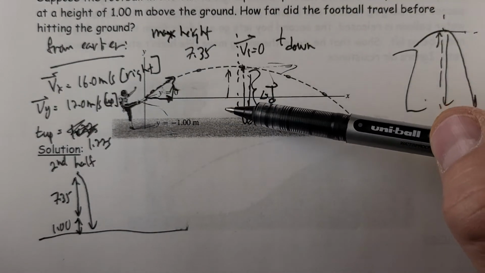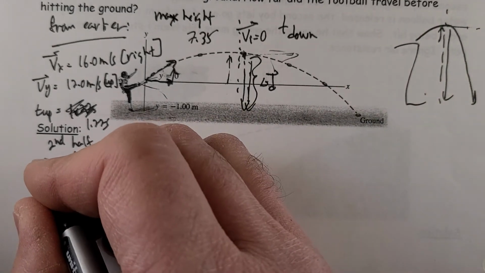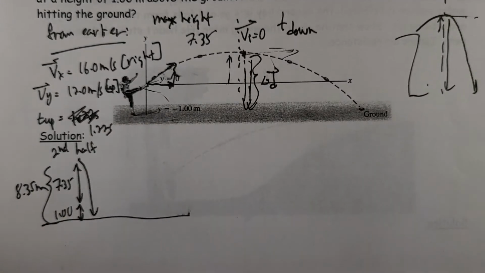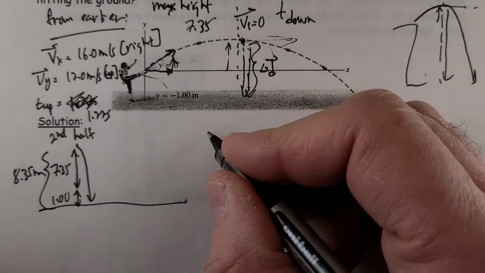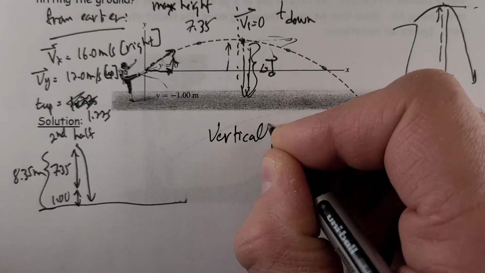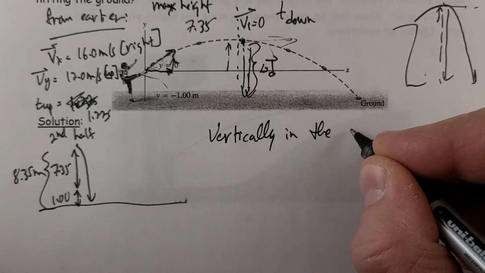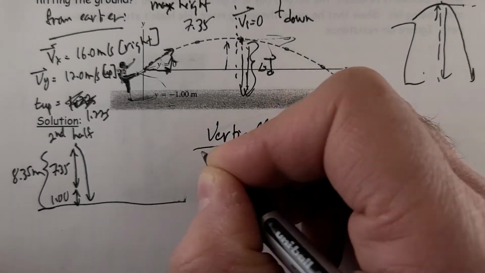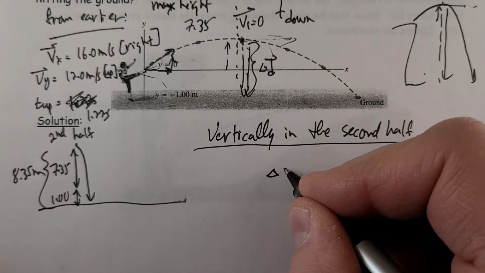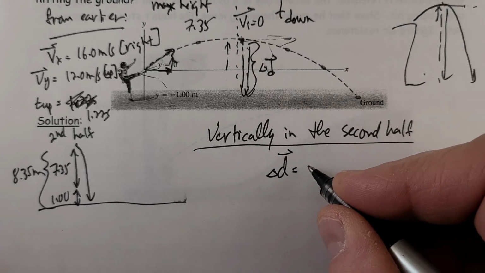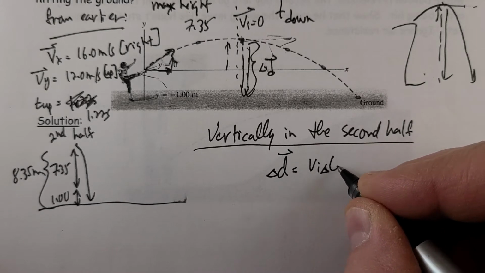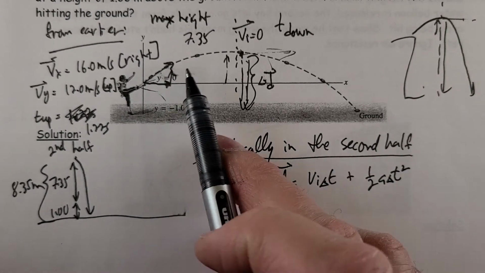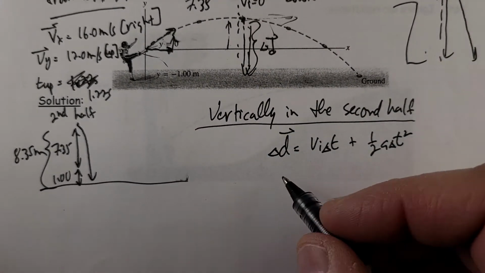So my 7.35 plus my 1 is 8.35 meters. So vertically in the second half, I can use the same thing that I did back when I did that motorcycle question, because type 3 is really a combination of type 1 and type 2 together.